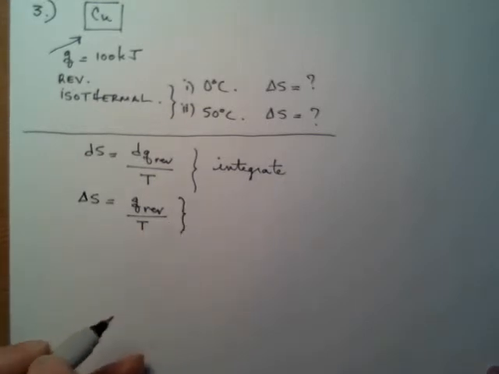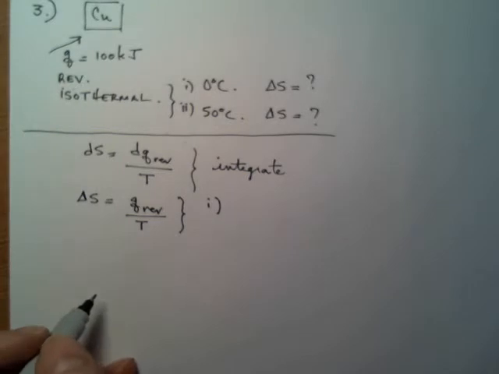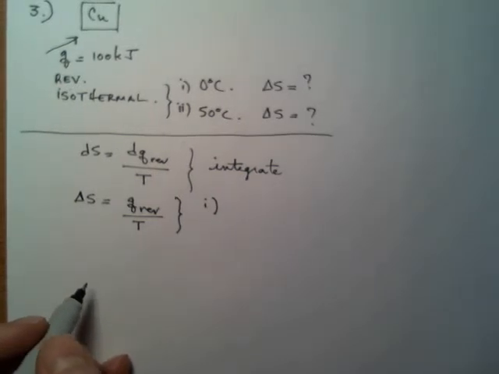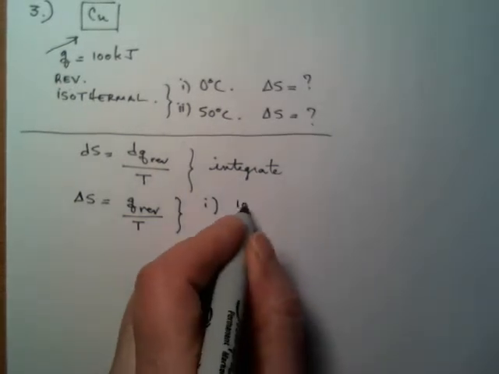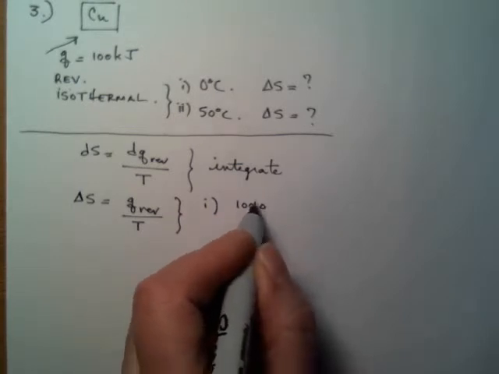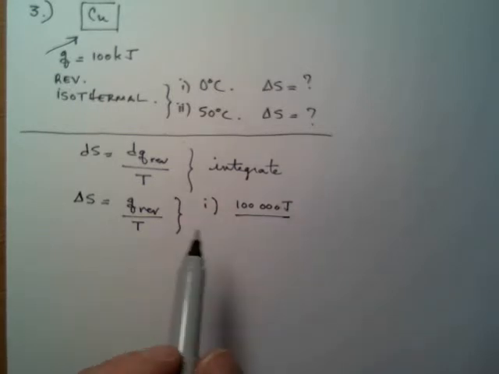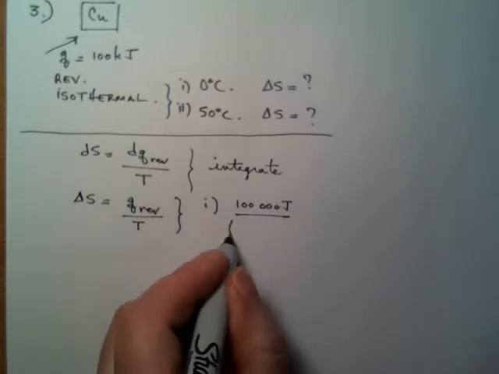And so let's take this and apply it to the first case where it is 0. That was 100 kilojoules, so that's 100,000 joules. It was transferred to the copper, so I maintain that positive sign.